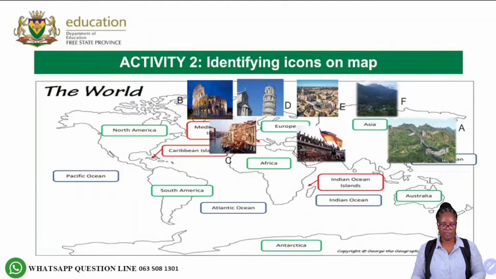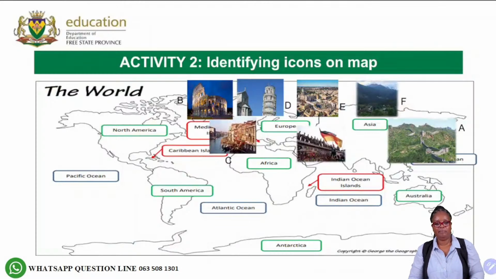I want us to do activity 2 for these few minutes that we are having. Remember, I told you that you will have different ways to identify icons. So this is one of them. You'll get the pictures. You see that we have the pictures in the world map.